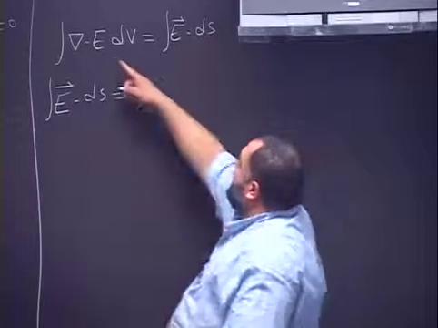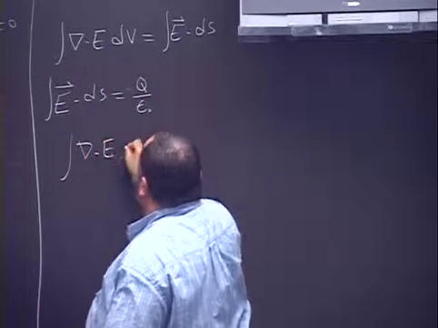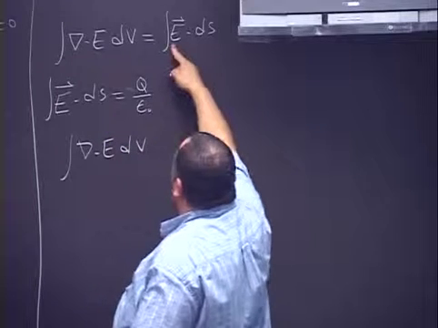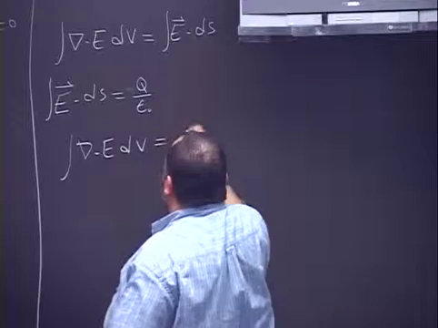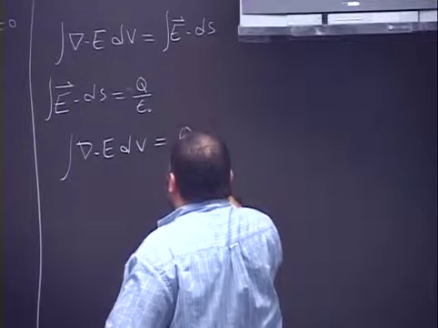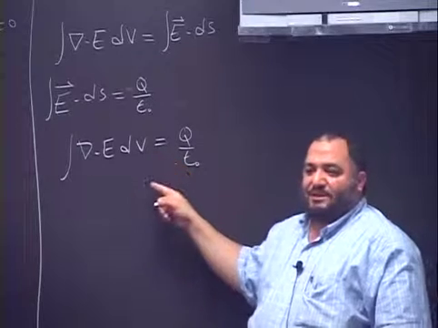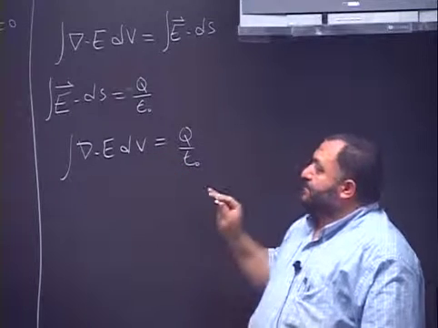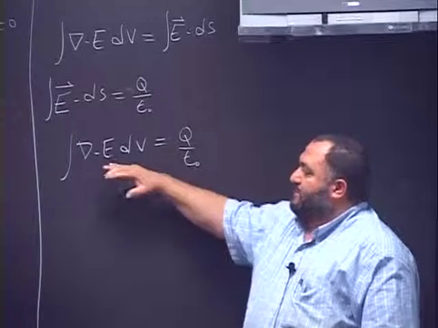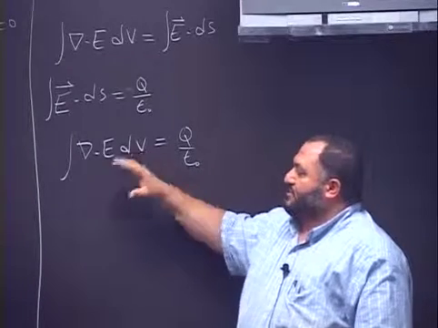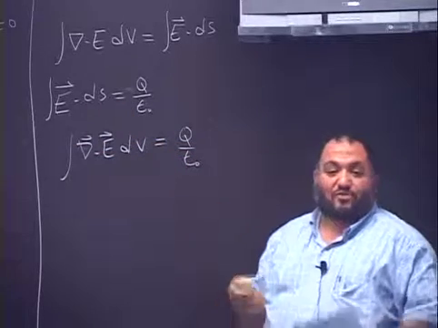So what does it mean? The integral of the divergence of E dV is equal to the integral of E dot dS, but E dot dS is equal to what? Q over epsilon naught. What this formula says is that the divergence of the electric field inside the volume is coming from the charge.